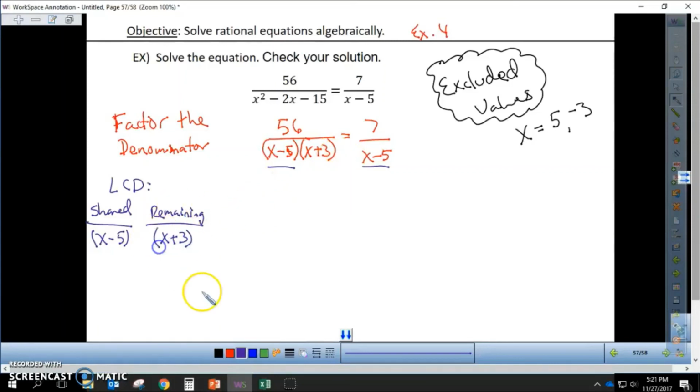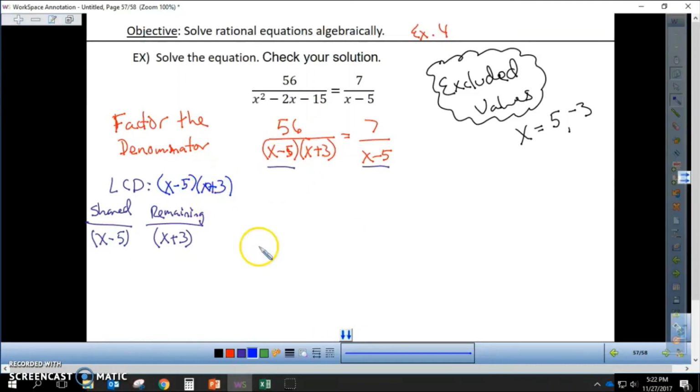So very, very straightforward and simple. So our LCD is, and I'll write this in blue, x minus 5 and x plus 3.